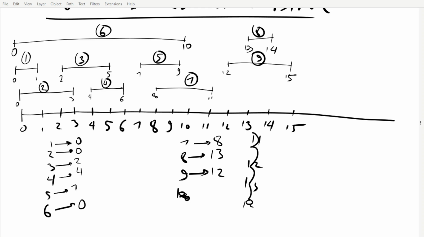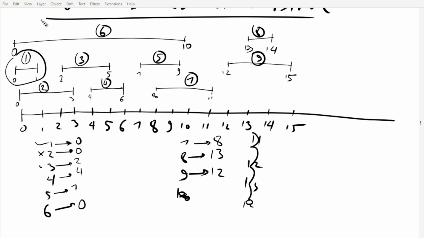So smallest finish time, we take this 1, take this interval. Its finish time is 1. Starting from 1, we remove all intervals having start time less than 1. So just remove this one. The third interval has start time of 2.